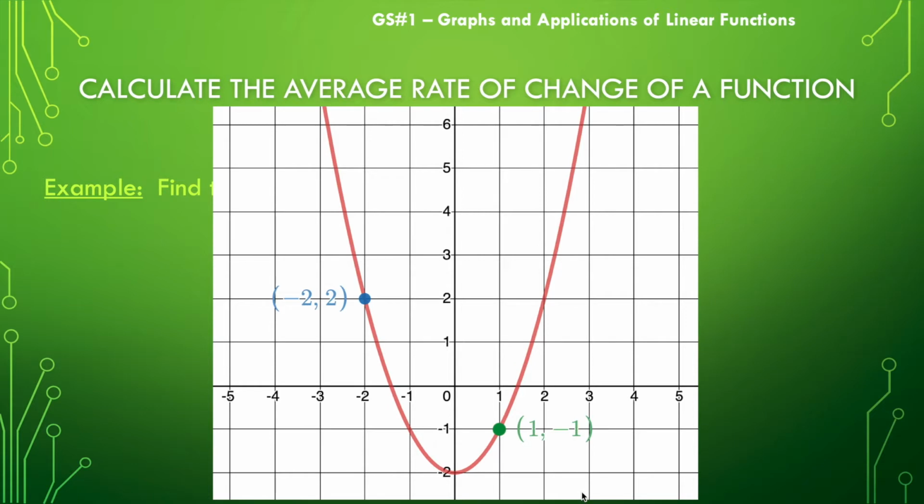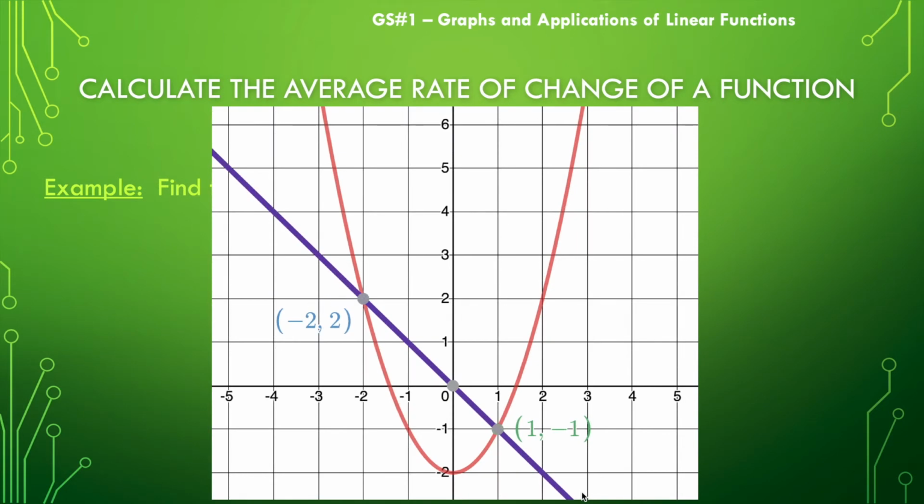Can you envision the line that goes through these 2 points? It's not part of the graph, but you can kind of visualize what that line looks like. And the average rate of change of this function from -2 to +1, the x values, is going to be the slope of that line.